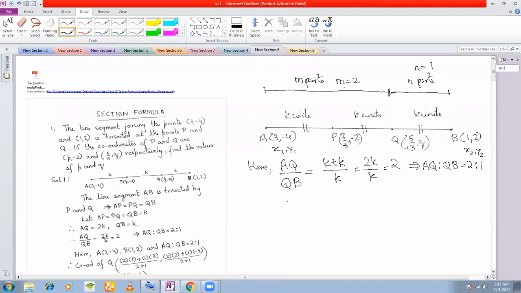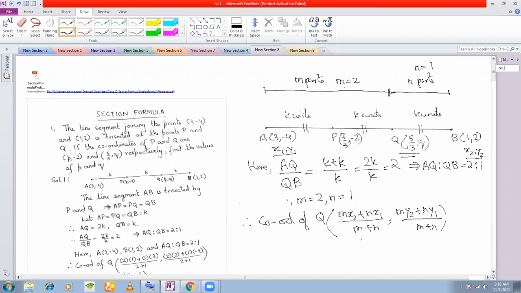Okay. Now with the help of this ratio, we are going to find out the coordinates of Q. We have already taken this as X1, Y1, this as the X2, Y2, and what is M here? M is equal to 2 and N is equal to 1. So therefore, coordinates of Q. Write the formula. In the previous one, I did not write. Let me write here. Okay, put the values. M is 2.